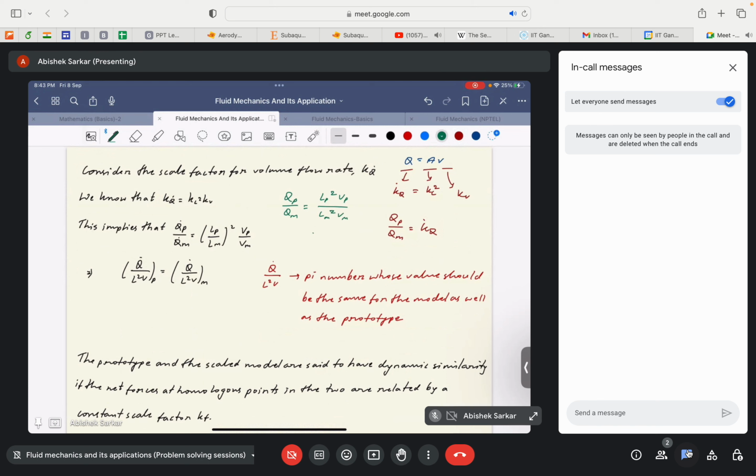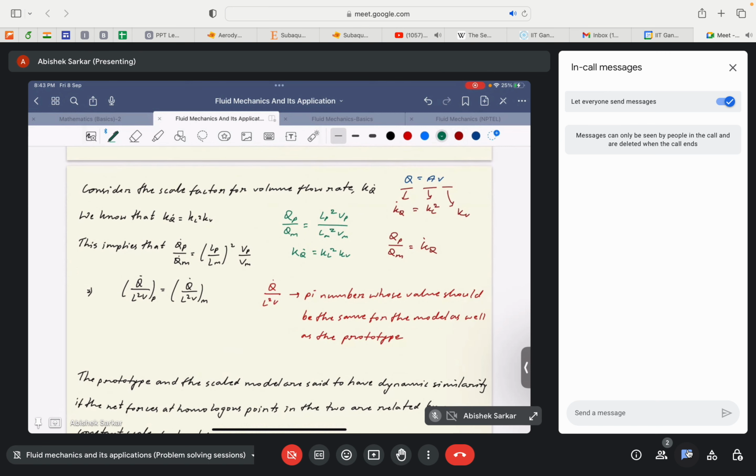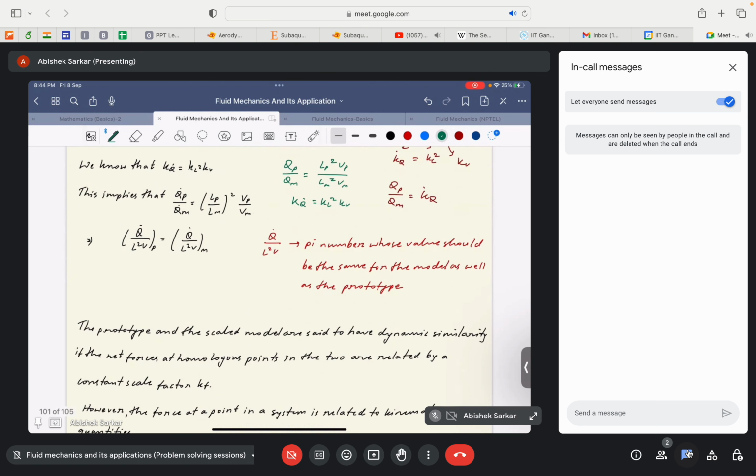And since Lp by Lm is kL, so kL squared into kV is what we have got. So now since these are equal, the ratio of these scaling factors, kQ over kL squared kV, should be equal to 1.